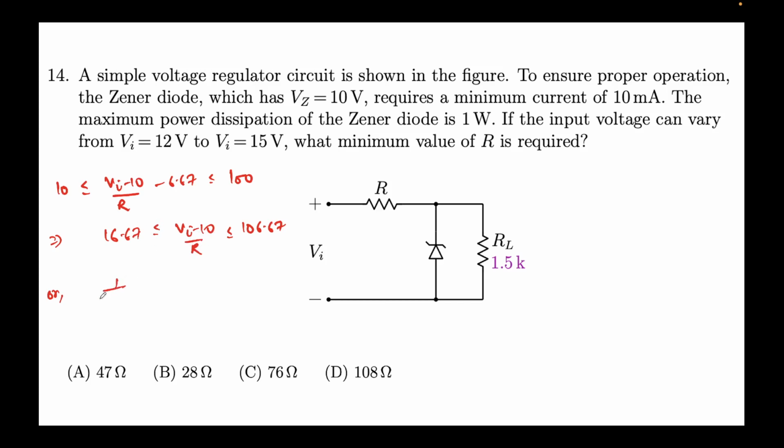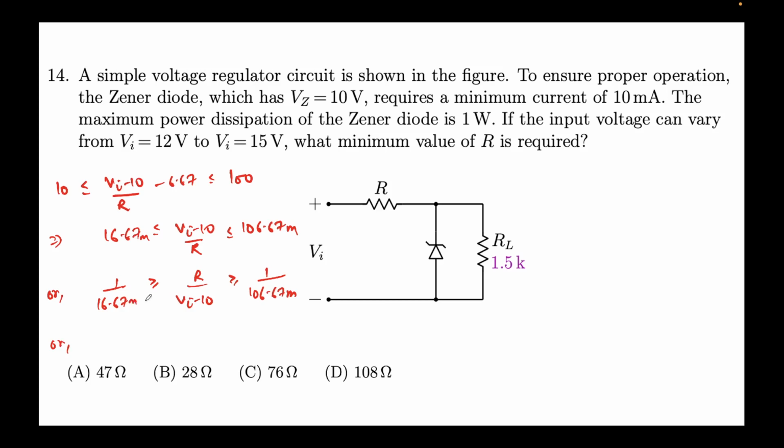So this will give me 1 over 16.67. The units is milli, so please note that milli should be greater than or equal to R over Vi minus 10, which should be greater than or equal to 1 over 106.67 milli. This is also milli.